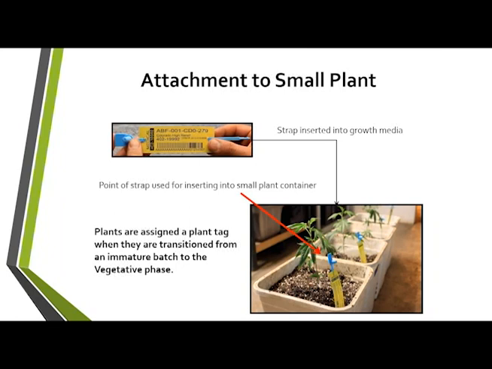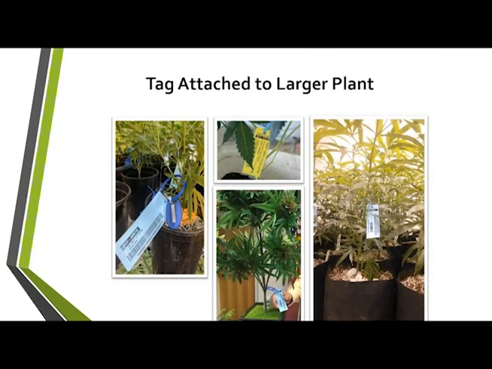So again, they get tagged when they move from the immature batch to the vegetative. Once they get larger and you're able to hang them, we would recommend doing so. The best example of how to do it is the one in the center: a lower hanging branch, cleared away from the canopy.